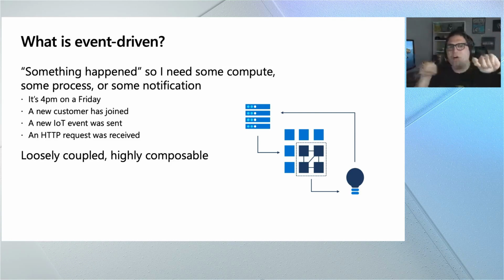I don't have to go crack open a bunch of pieces. I just add a new subscriber to that event. All of these are very loosely coupled with each other. I can add, remove, keep them highly composable, very loosely coupled, keeping me agile. Really, that's the benefit here, is I'm moving or adding or changing capabilities. I have full agility to do what's best for me at the time.